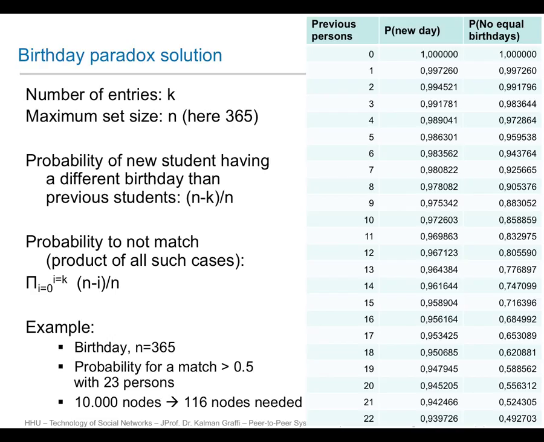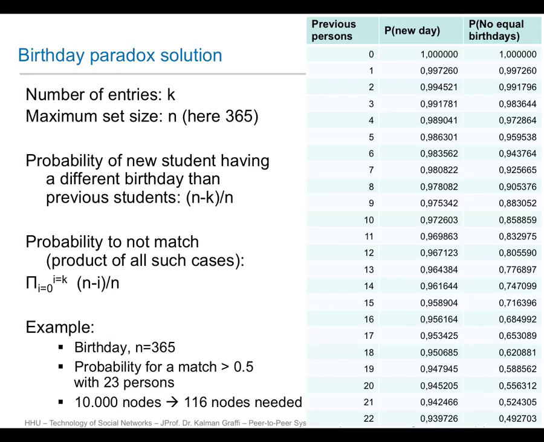And here's a small table. So it's really the 22nd. No, if 22 students are already in the room when somebody comes in, then there are only 365 minus 22.